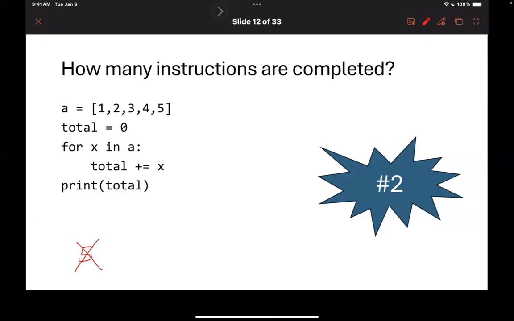So there's 1, there's another. How many times do we do that? So we have 5 times 1 plus 3.